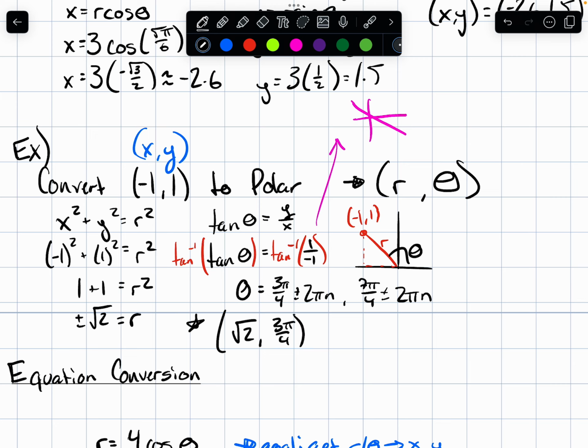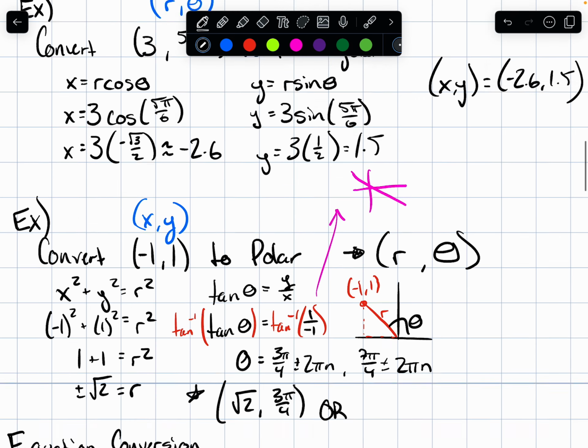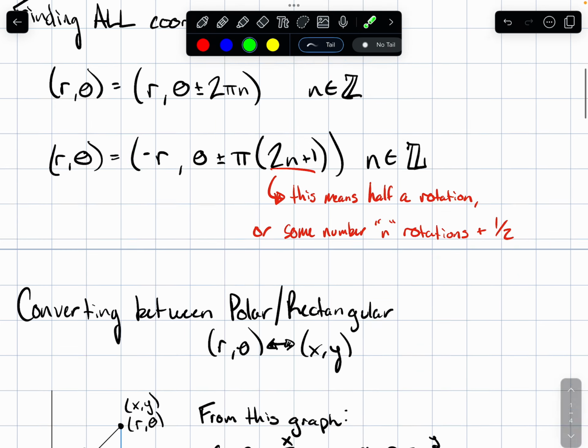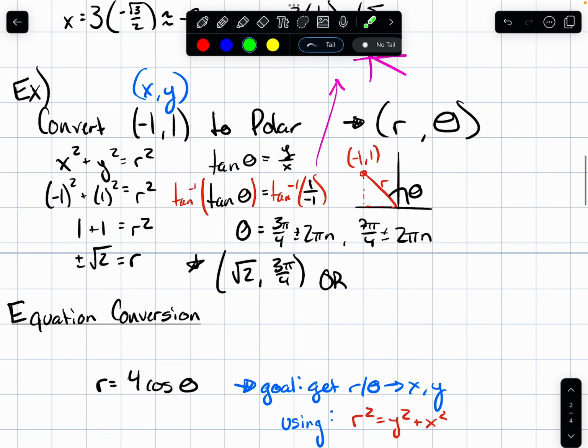Now, how would I write that as an equivalent using the other two ideas, this minus idea? Well, this is going to go back to that idea here, where if I have the negative r, I'm essentially going to rotate it halfway around. So I could rewrite this as negative root 2 being one of my answers over here.